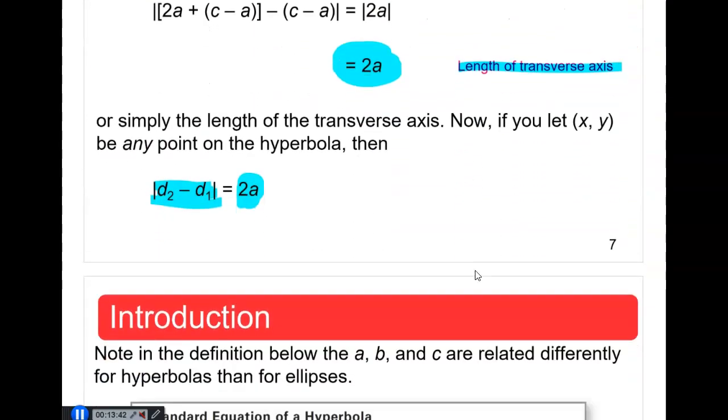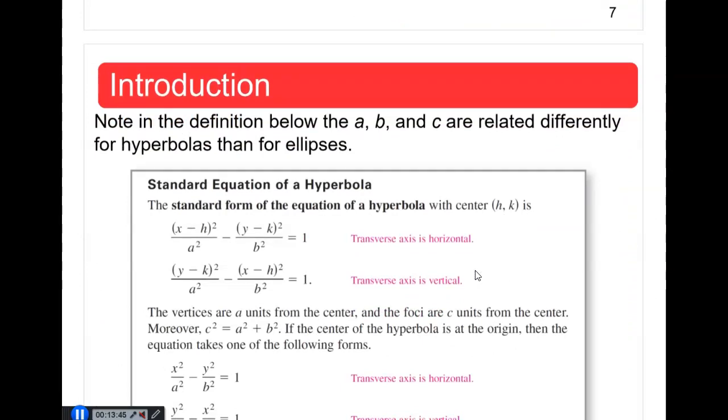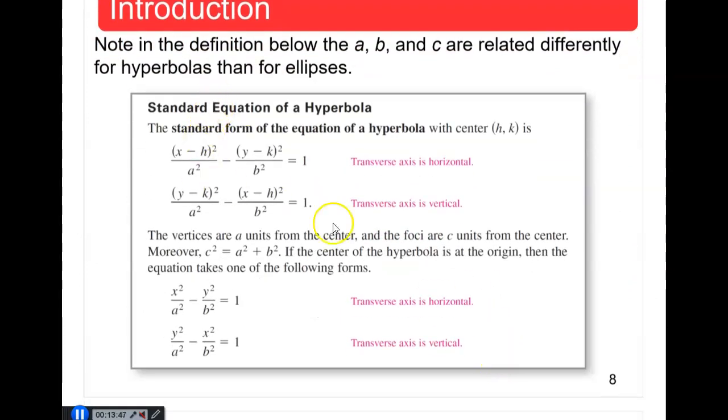So now let's look at the standard form of the equations. We have already discussed the horizontal, transverse axis being horizontal. Before I get to that, I want to point out that the equation of the hyperbola has a minus in between the two fractions, where the equation of the ellipse had a plus. You can look at your notes if you don't believe me.